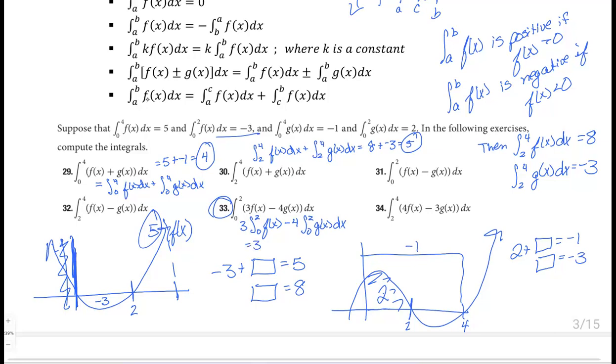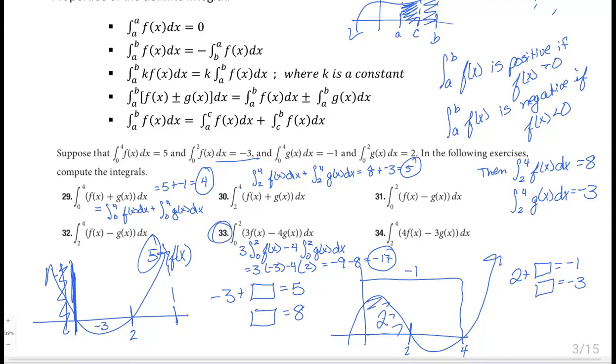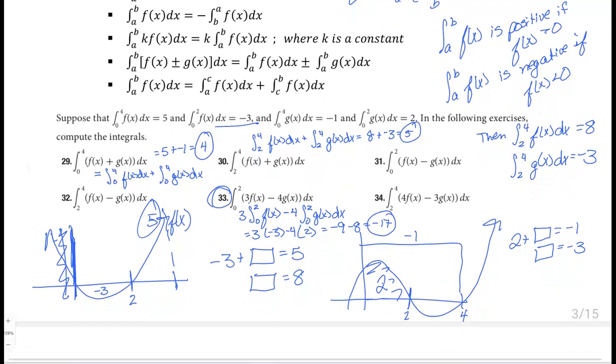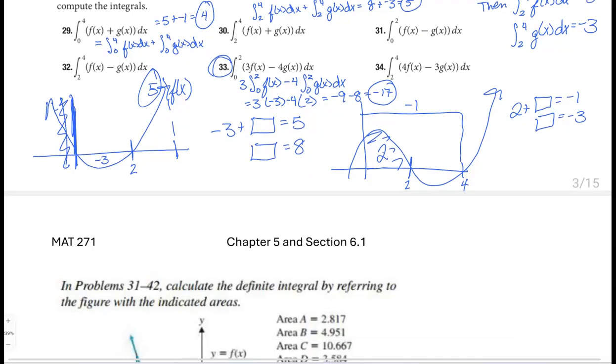We know this piece is a -3. And we know this piece is a +2. So we get -9 minus 8, which is -17 for that. So you can see how we use the properties to help us figure those out.